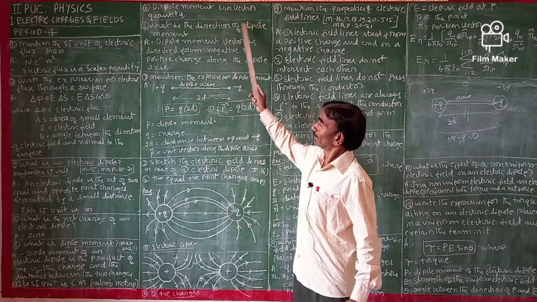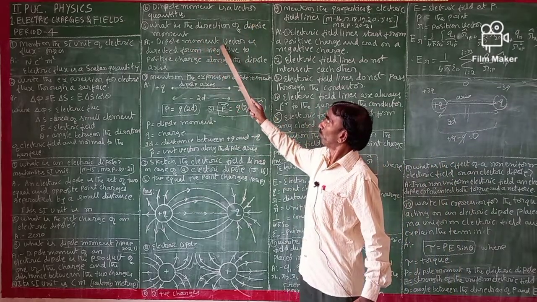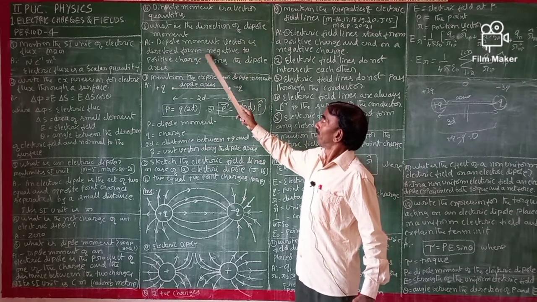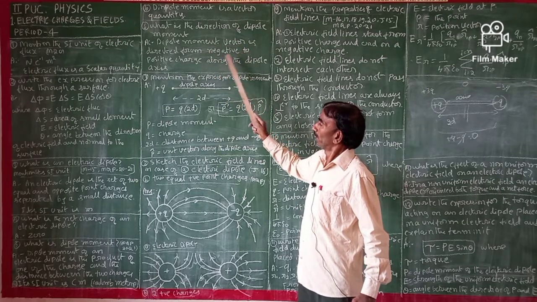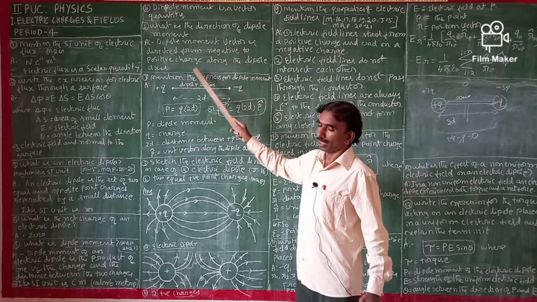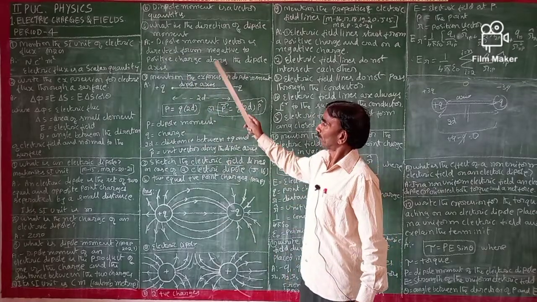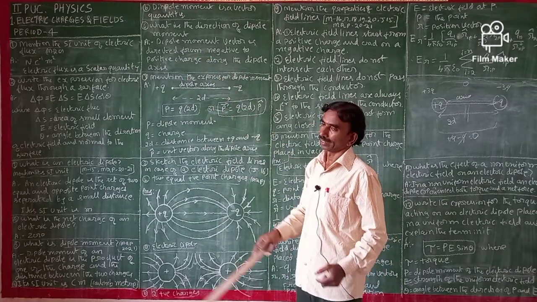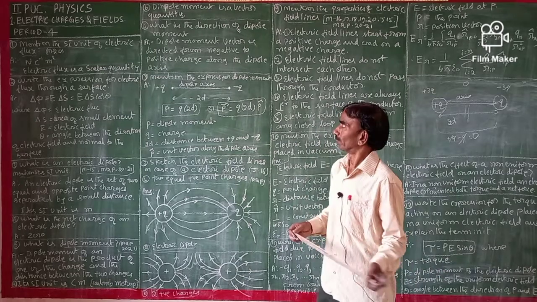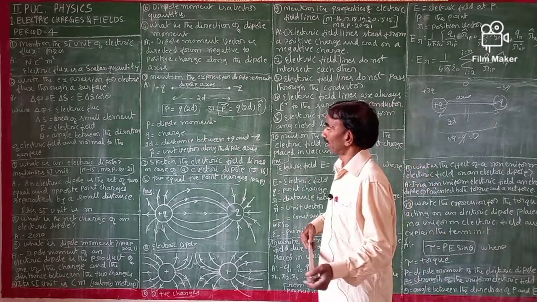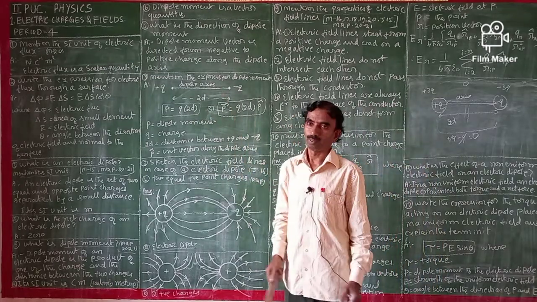What is the direction of the dipole moment? The dipole moment vector is directed from the negative to the positive charge along the dipole axis. Next one is, mention the expression for the dipole moment.